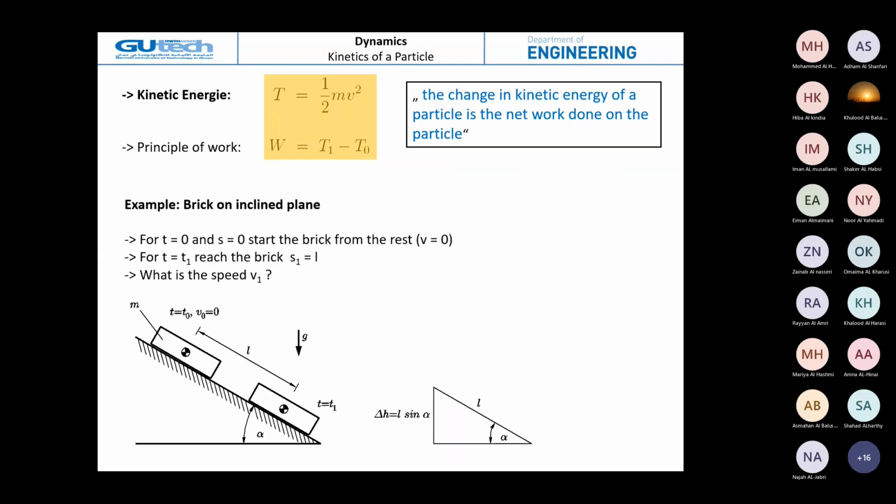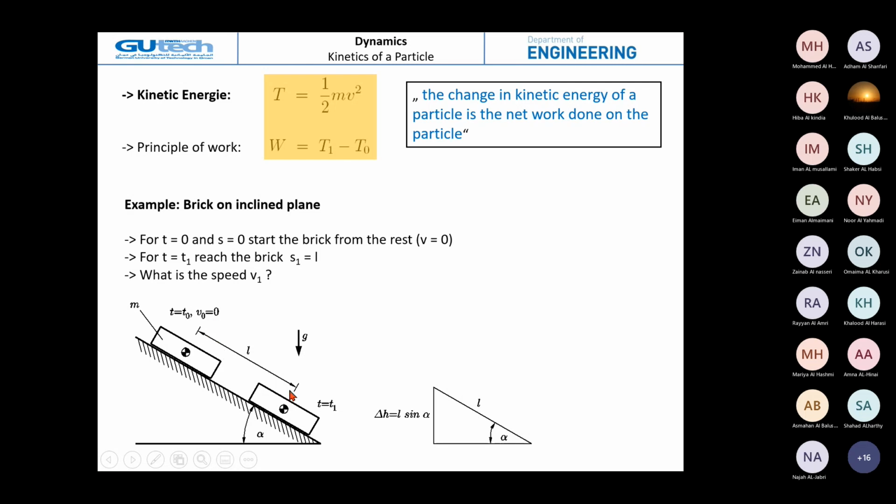Now we take this example, which is the brick on an inclined plane, what we have seen before. We have now this particle or brick with a mass m. This is the initial state at time t equal to t0. We assume the particle is at rest, so the velocity v0 is equal to 0.